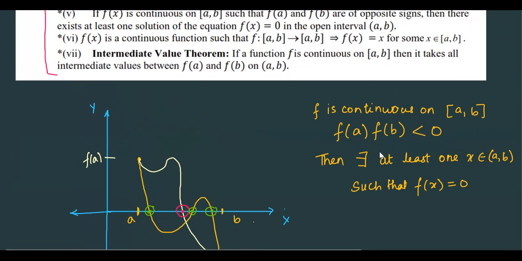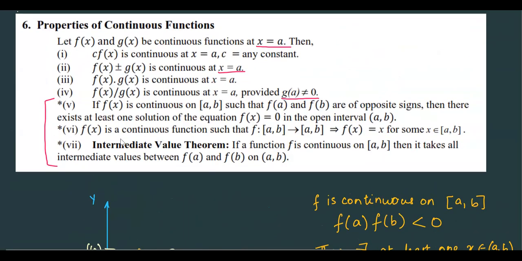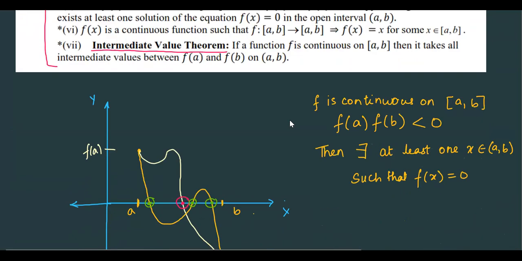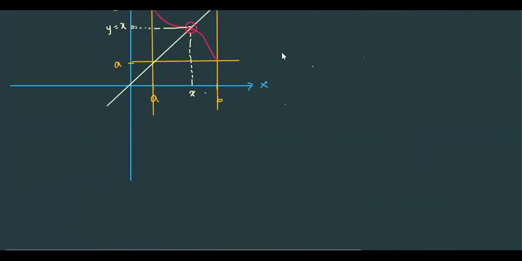All right. Now, the intermediate value theorem is actually a more general statement of the fifth case. It says if a function is continuous on closed interval [a, b], then it takes all intermediate values between f of a and f of b on the open interval (a, b).